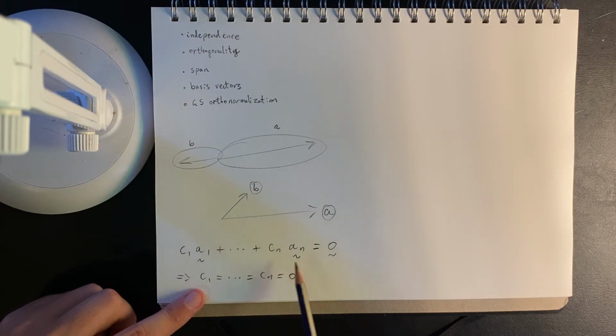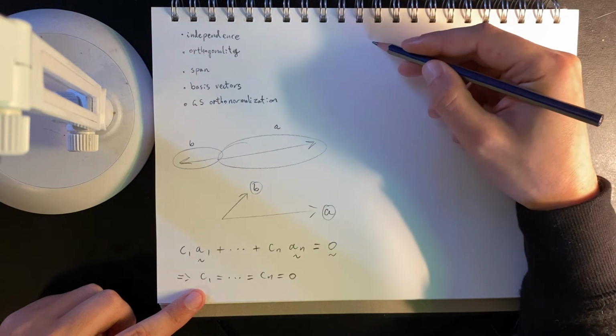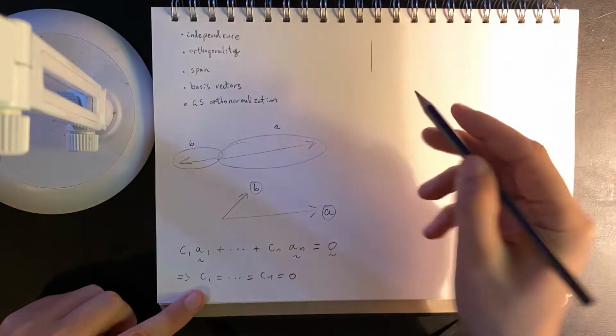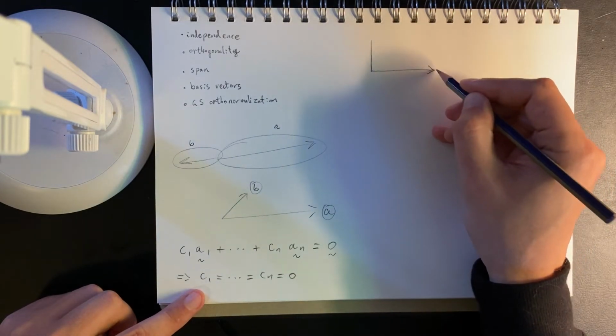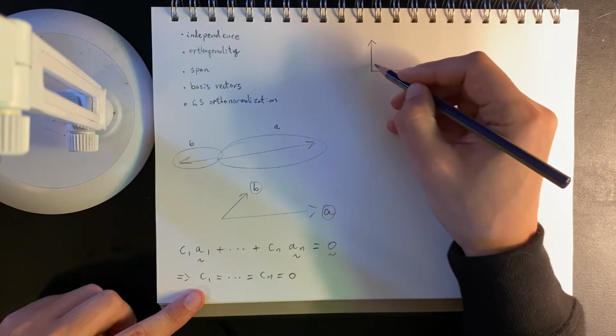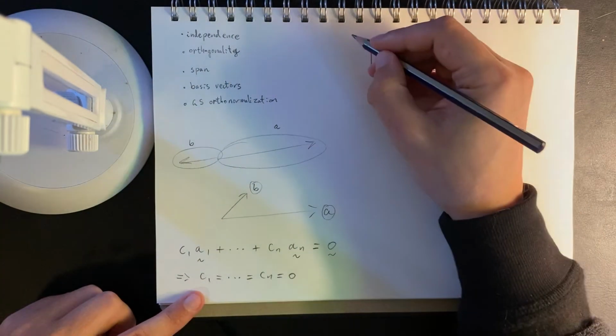And the reason for that is if these vectors are able to algebraically zero each other out, then in some sense we could rearrange it and write one vector in terms of the other vectors. So there's independence there, and then there's orthogonality. Now, orthogonality is sort of a stricter sense of independence because, this is orthogonal, right?